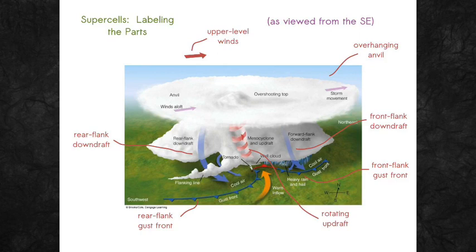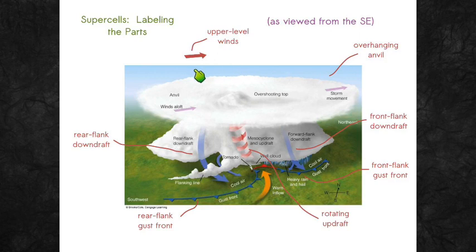So let's first go through and review the structure of a supercell. We looked at this quickly in the last screencast, but let's review it here again. So first of all, to set the context, this storm, illustrated in this schematic, is forming in an environment in which the winds at upper levels are blowing in the direction of this arrow, which is listed in the figure as to the northeast.